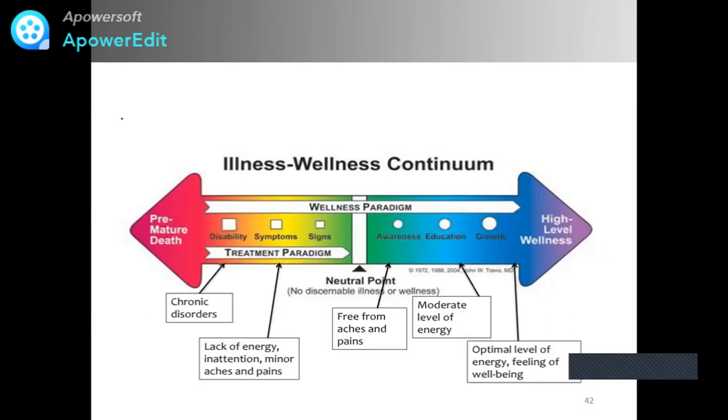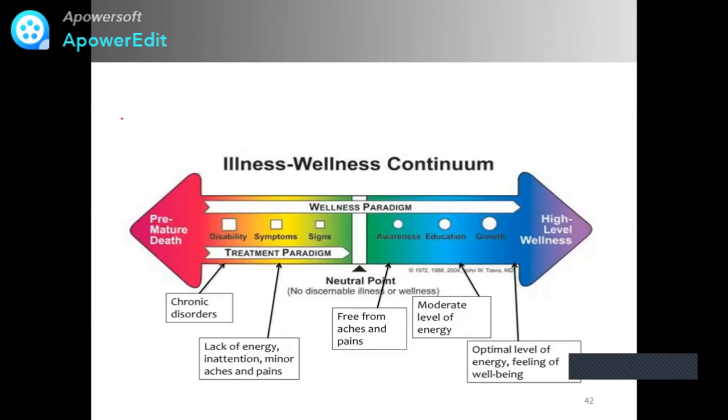In between, human health is fluctuating. The transition from optimum health to ill health is often gradual, where one state ends and another state begins. When one stage is complete, the next one starts.